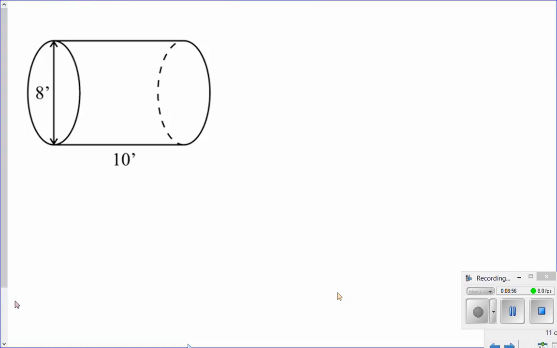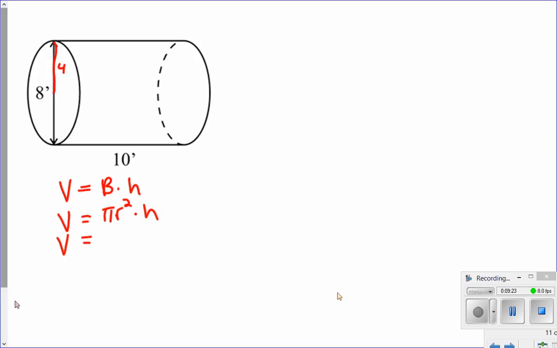Here's another one. So, again, volume is area of the base times height. The base is a circle. We're going to substitute in the radius. This time we were given the diameter. We know, though, that half the diameter is the radius, so that means the radius is 4.